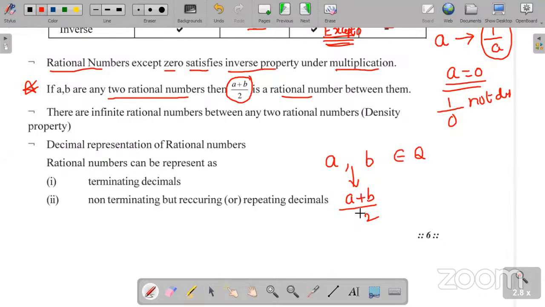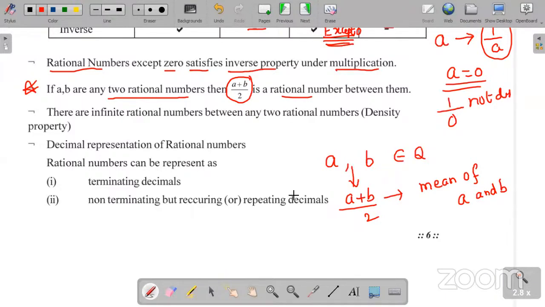This (a plus b) by 2 is also known as the mean of a, b, or the arithmetic mean of the two numbers a and b, and it lies between a and b.